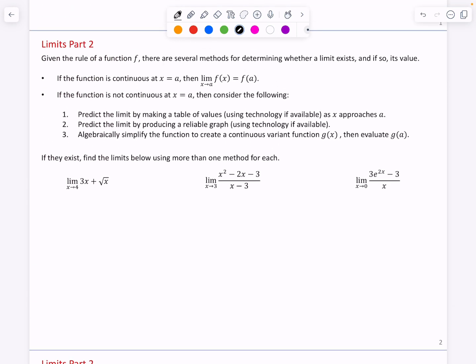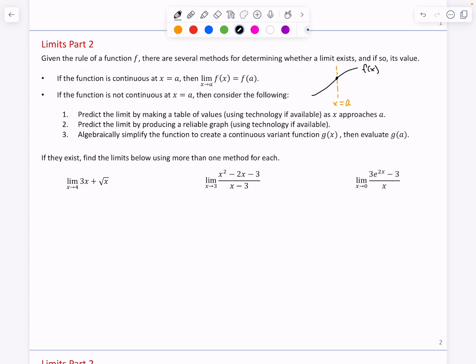Given the rule of a function f, there are several methods for determining whether a limit exists, and if so, its value. If the function is continuous at x equals a, then the limit as x approaches a of that function is f of a. Now what this is saying is that, let's say you have some function that's continuous at x equals a.